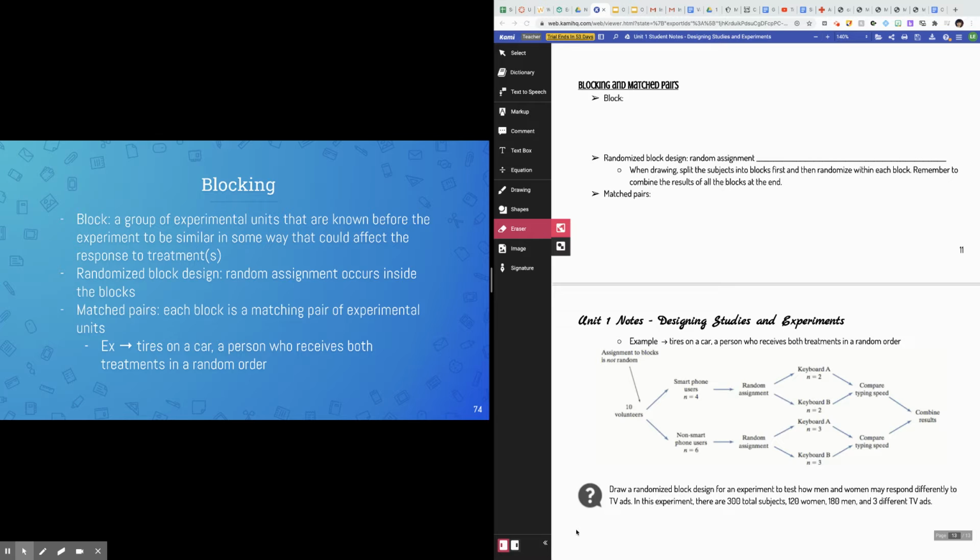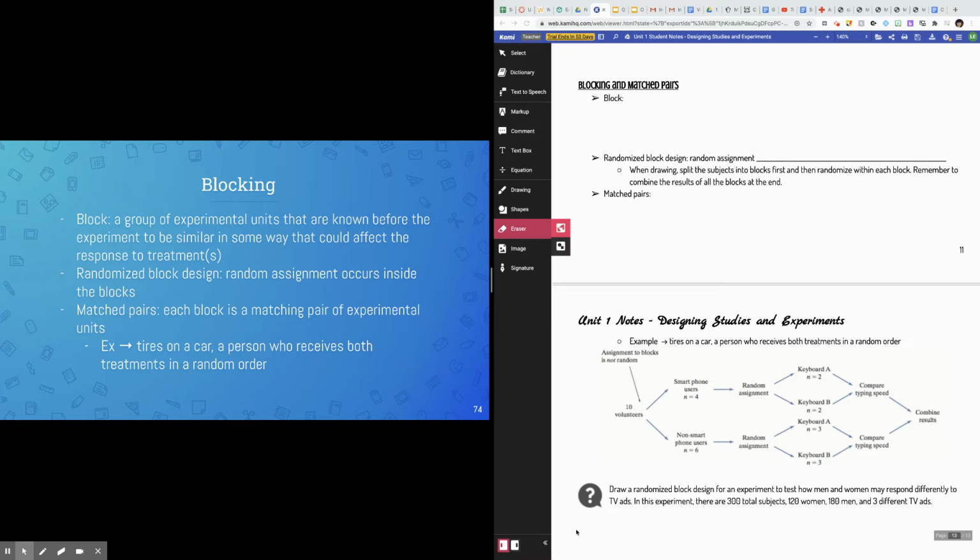So their response might be different depending on this one variable. A really common one is gender. People like to block by gender often. For example, there are some medicines that are known to work differently and have different effects on women versus men, people who identify as male and people who identify as female.